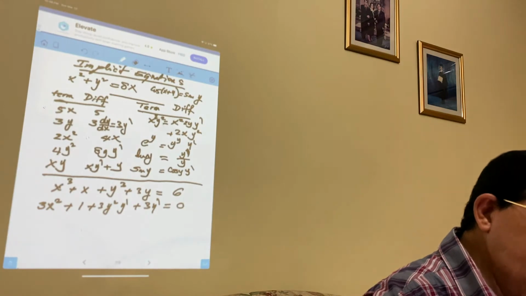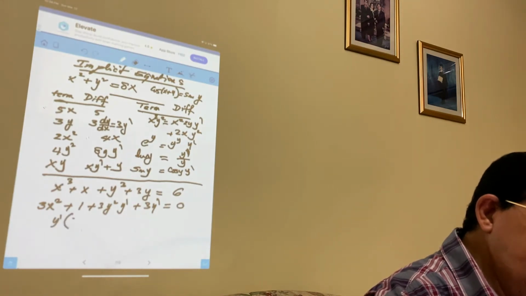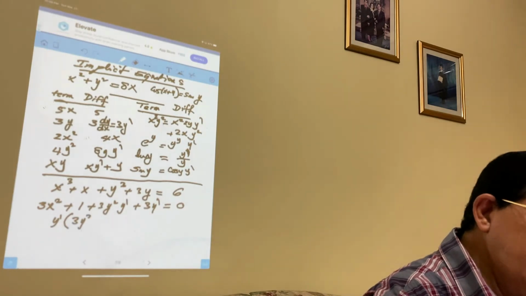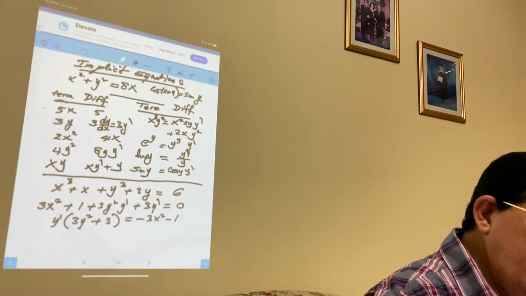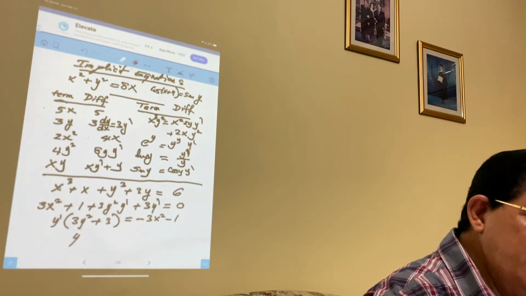We collect terms of y dash on one side, y dash times (3y squared plus 3). The other side, negative 3x squared negative 1. Therefore, y dash equals negative (3x squared plus 1) divided by, taking 3 as a common factor, y squared plus 1.